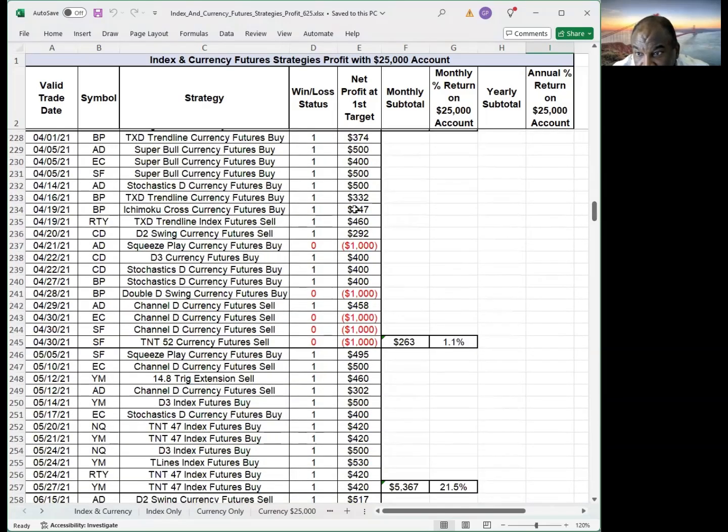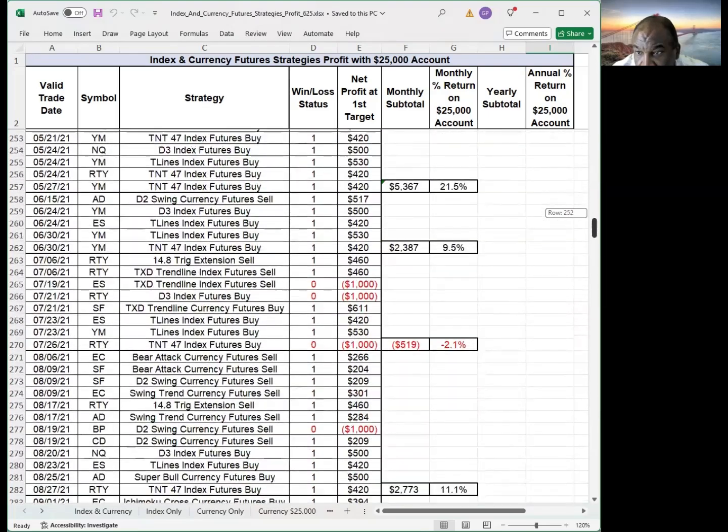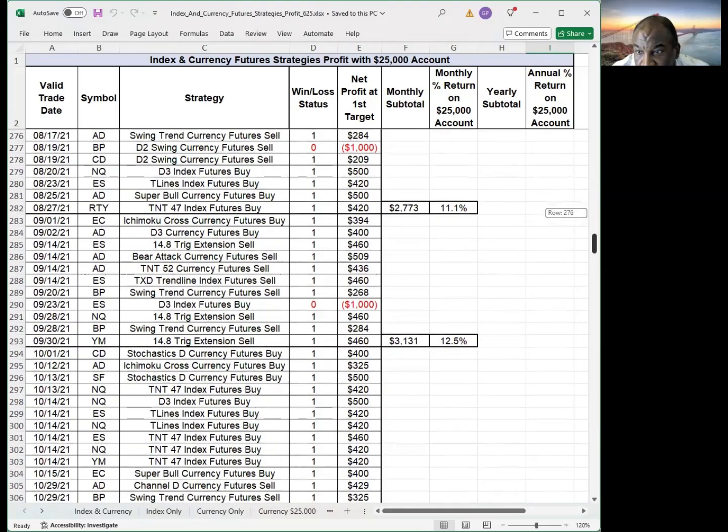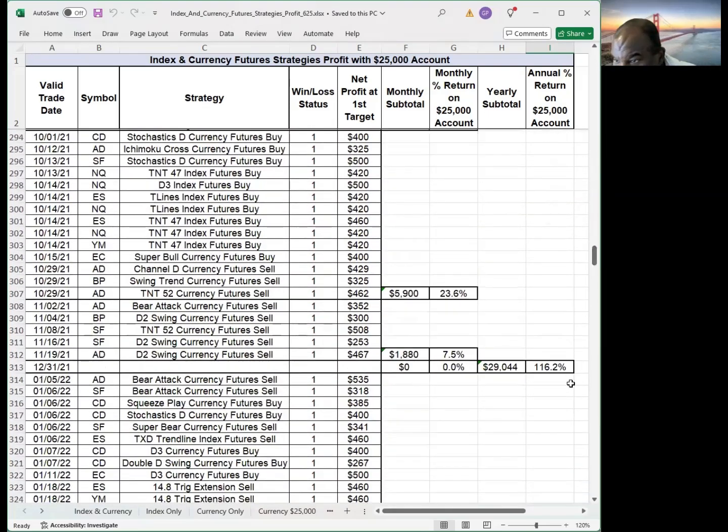You had a sketchy month here with a whole bunch of losses to finish the month out, but you had a whole bunch of wins, so it ends up being a break-even month, just 1% return, but positive when the year is all done. You more than double your account at a 4% account risk. Remember, if you're only risking 2% of account, then you would be making about $15,000 on a 25 grand account.